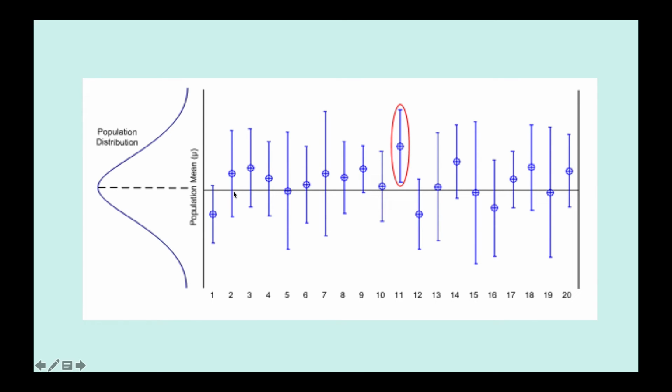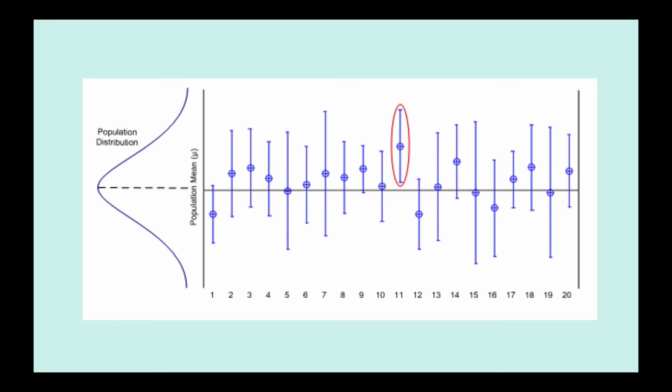So there's a 95% chance that the population mean falls within that 95% confidence interval.